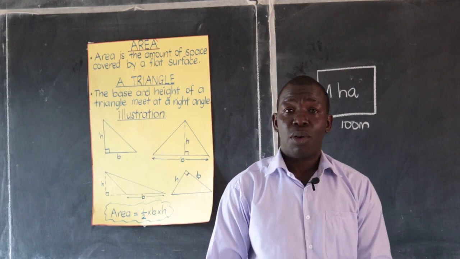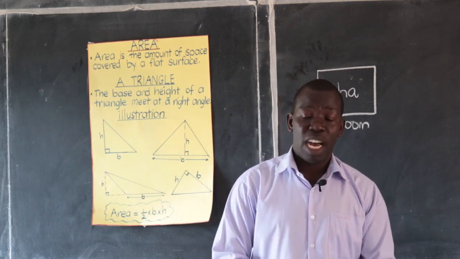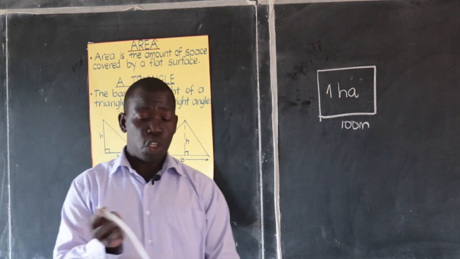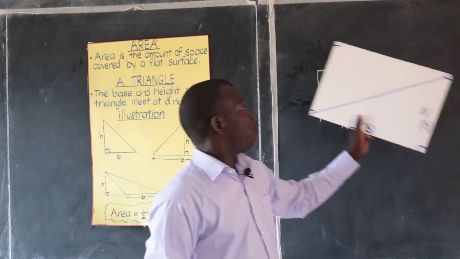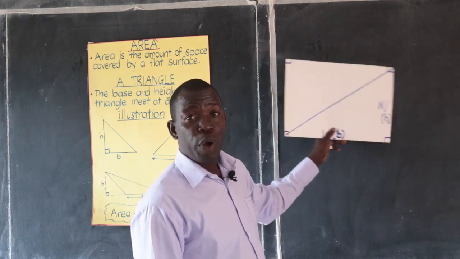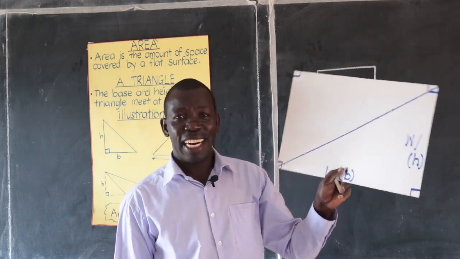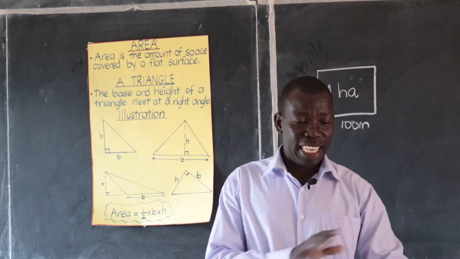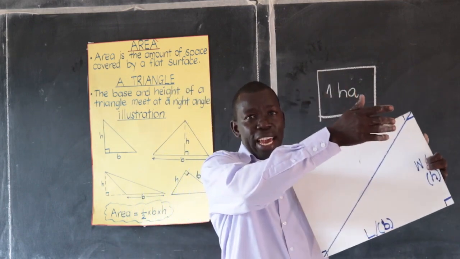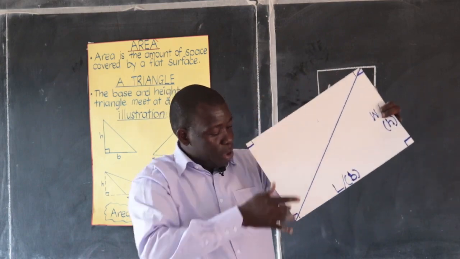Now, I would like to cross over to a triangle. A triangle also originates from a rectangle. When we divide a rectangle, what you see here, you draw a line from here up to here.